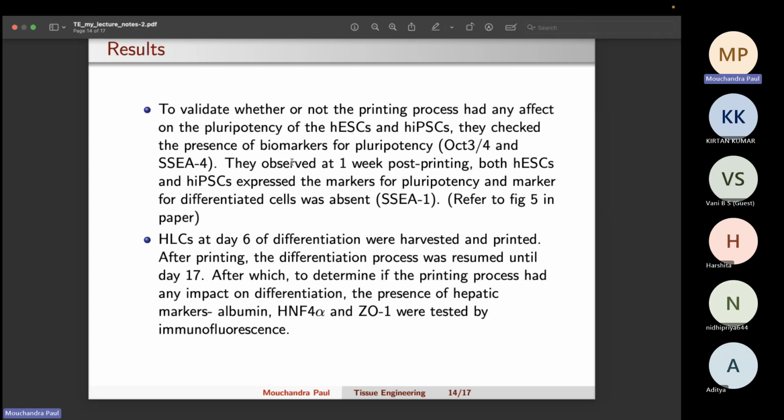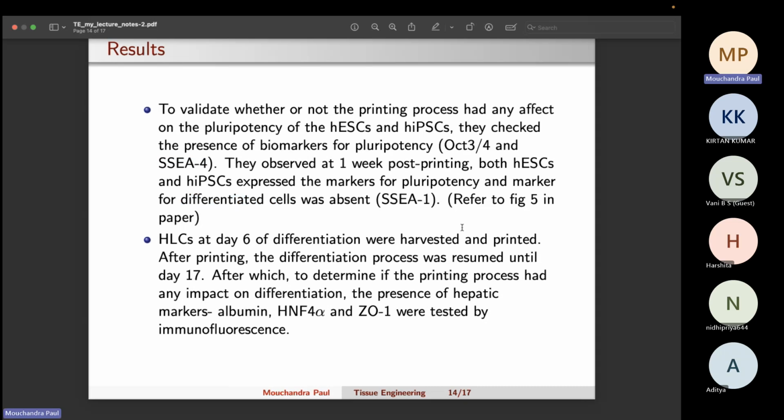So they have observed for the presence of these two markers, OCT3/4 and SSEA4. These two markers are known for pluripotency. And they also tested another marker, SSEA1. This marker is present only in the differentiated cells, not in stem cells.